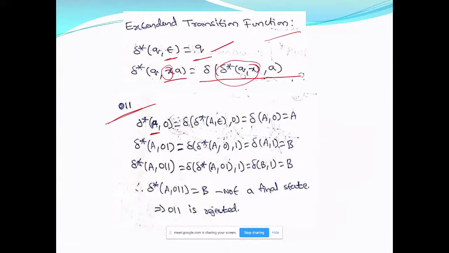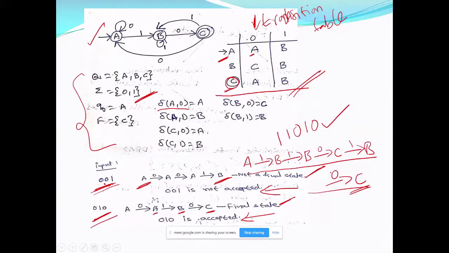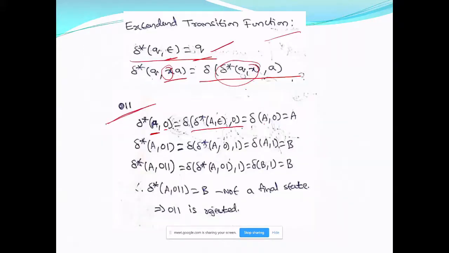So delta star of A comma 0: this 0 is divided as XA, where X is epsilon and A is the single input symbol 0. Delta star of A comma epsilon by definition does not change, so it is delta of A comma 0, which is defined in your DFA: A on 0 is A.